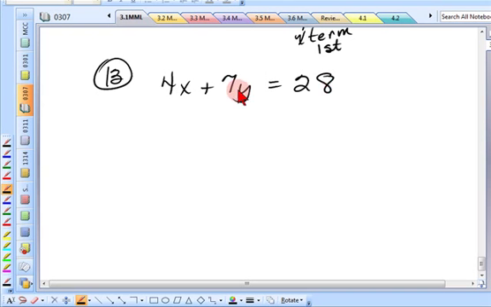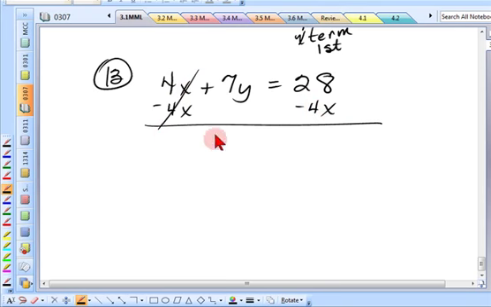Okay, which means what do I need to get rid of? 4x needs to go away. So I'm going to subtract 4x. Sure enough, it's gone from the left. I have 7y is equal to, how am I going to write the right-hand side? Negative 4x plus 28.